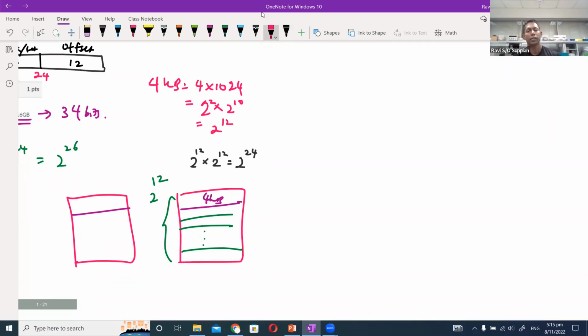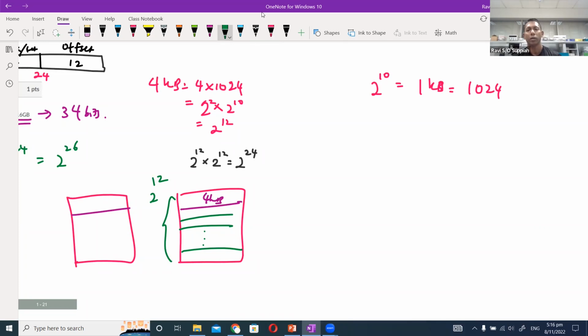One of the easy ways is to remember some fixed numbers. We know that 2 to the power of 10 is considered 1 kilobyte, which is equal to 1024. That is the first thing.